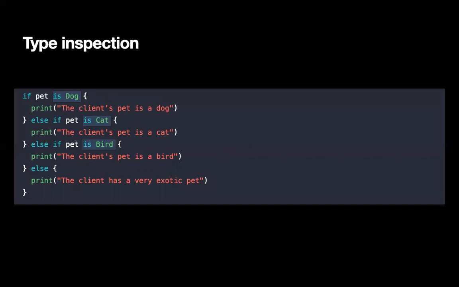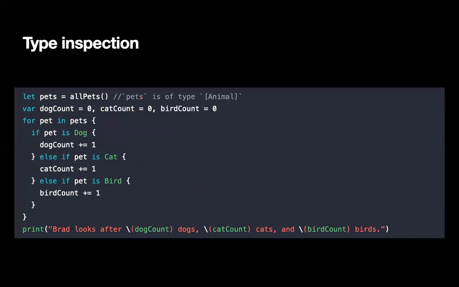Let pets equal all pets. Then var dogCount equals 0, catCount equals 0, and birdCount equals 0.